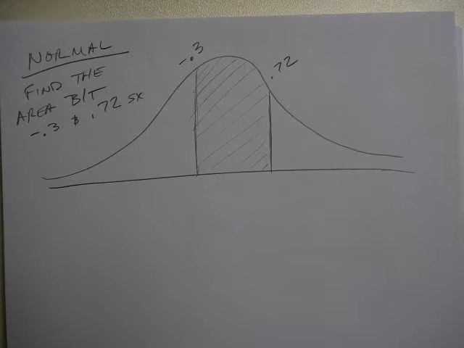Well, it's not hard. It involves table A again. What you have to do is understand that table A always gives you the less than value. Always. So the first thing I would do is find 0.72 on table A. Give everybody a second to get caught up on their drawing here.